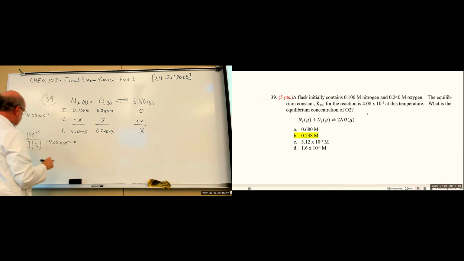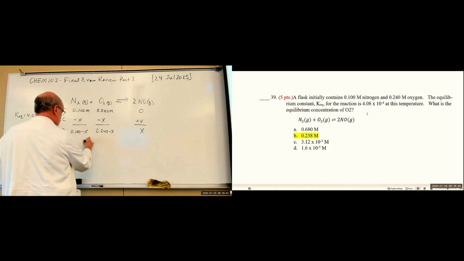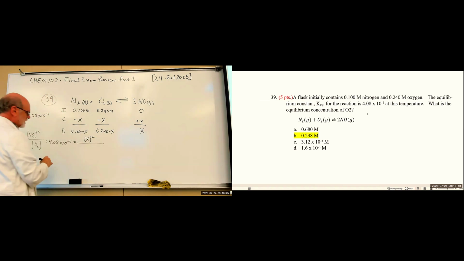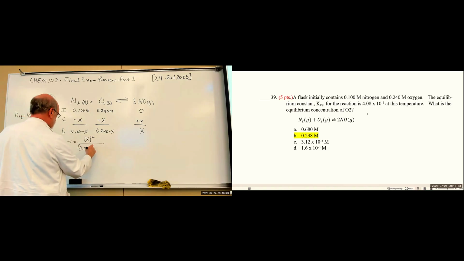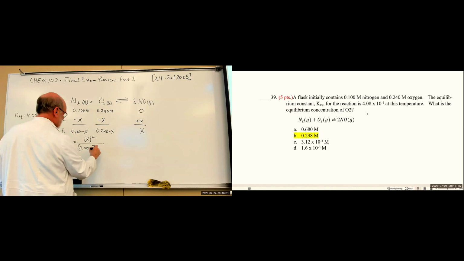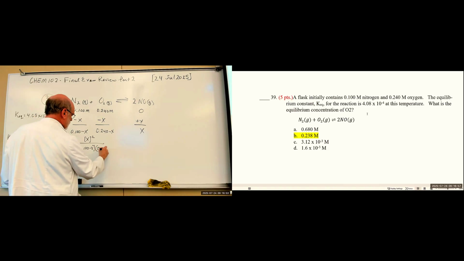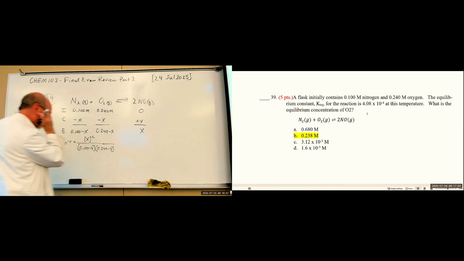So if we put these values in our expression, NO is going to be X, and it's going to be squared. And then the denominator is 0.100 minus X times 0.24 minus X.